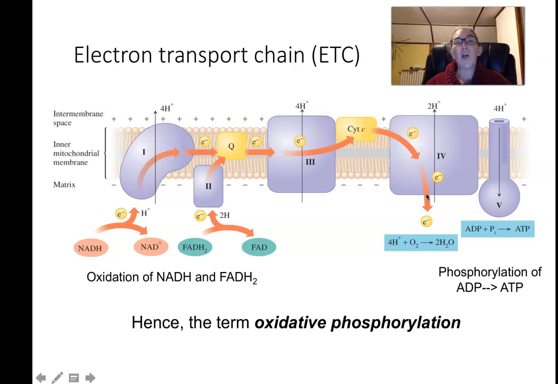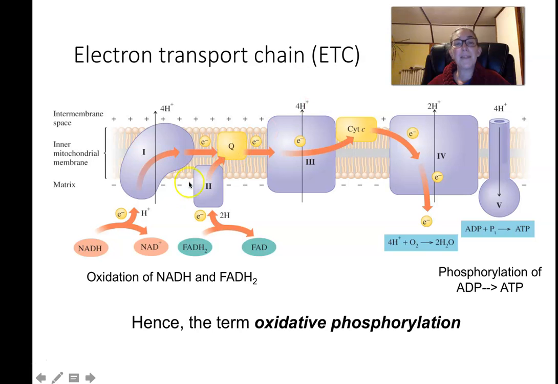All right, flow of electrons by definition is electricity. That's what electricity is. And electricity fuels things, right? So in this case, the electron flow is fueling these pumps. Complex 1, complex 3, and complex 4 are pumps, and what they are pumping are protons, hydrogen ions.